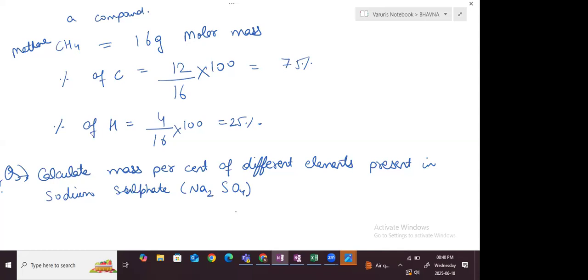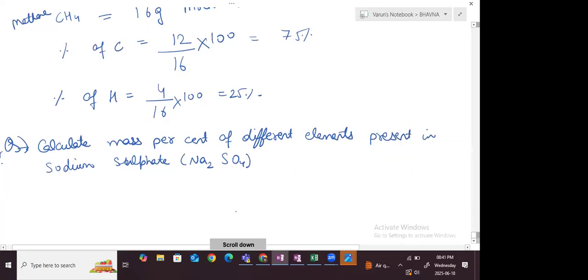Just tell me how much you are dividing by. No need to calculate fully. Ma'am, 46 by 142 into 100. For what? Sodium, ma'am. For sodium it is 46 divided by 142 into 100.